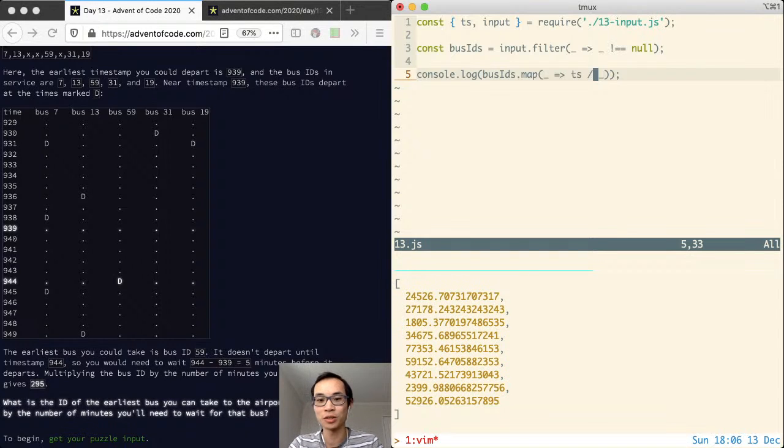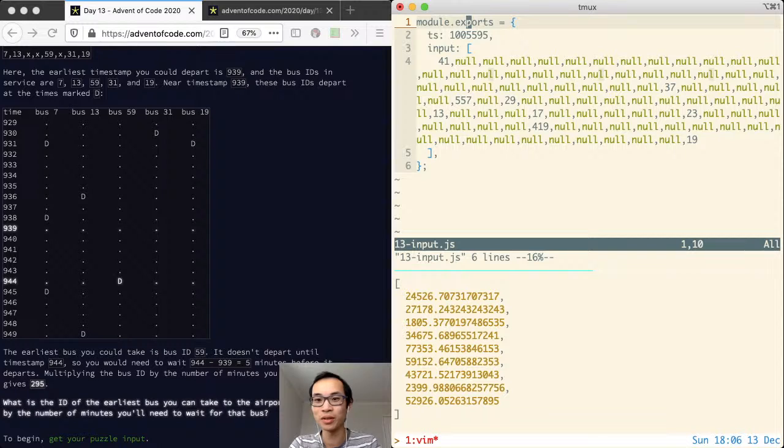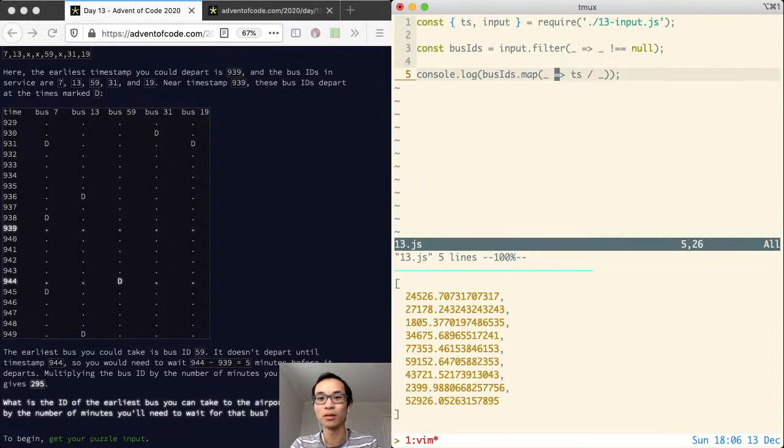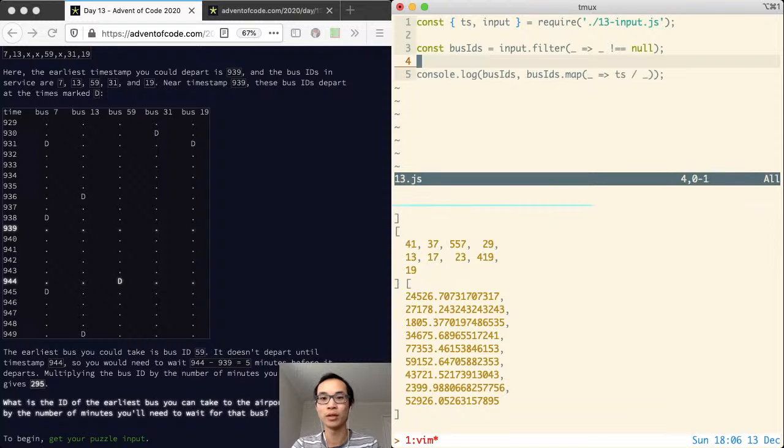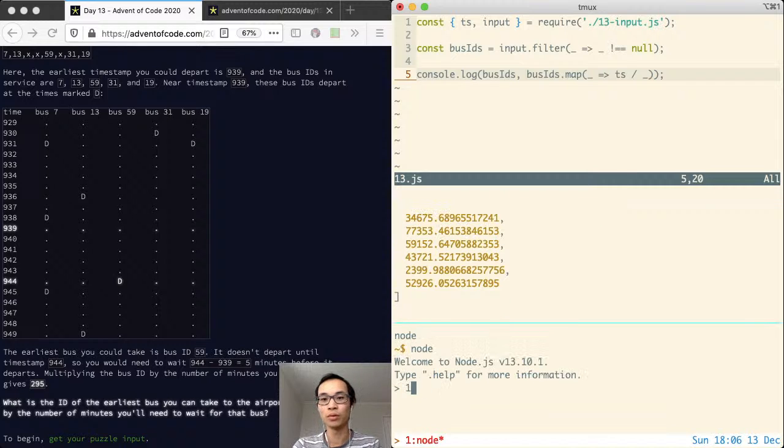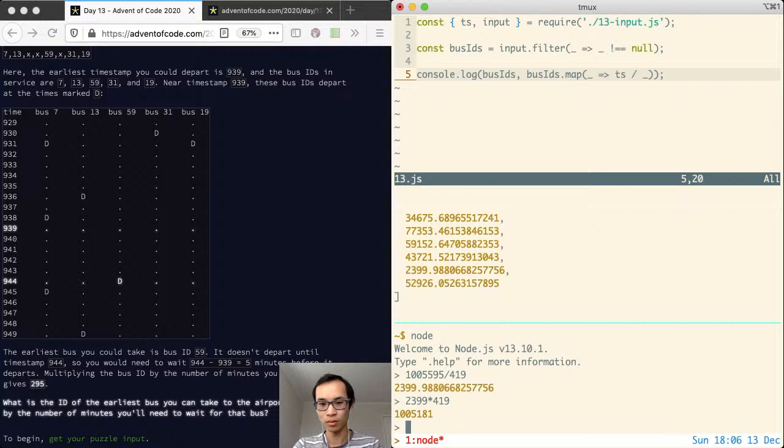It looks like the second to last one is the closest, which is 419. We can check this pretty easily. Yeah, 2399 times 419 is that, minus 1005595.